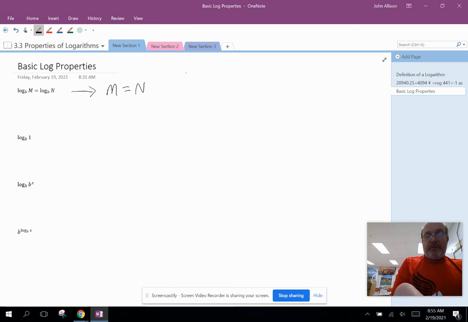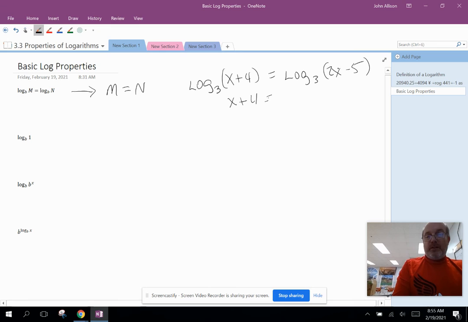So if I had log base 3 of x plus 4 is equal to log base 3 of 2x minus 5, because the log bases are equal, I can drop them and get x plus 4 equals 2x minus 5. If I subtract x and add 5 to both sides, I get x equals 9. That would be the solution to the equation. Whenever the bases are equal, you can drop the logs and say that m is equal to n.